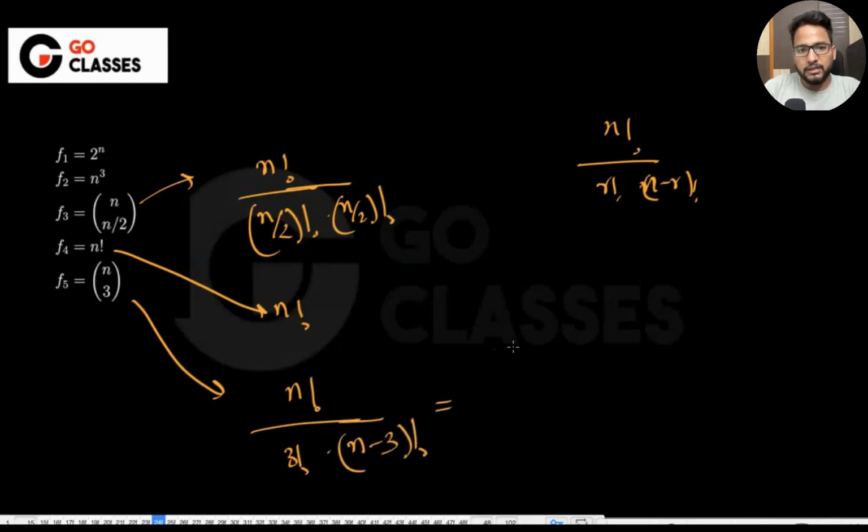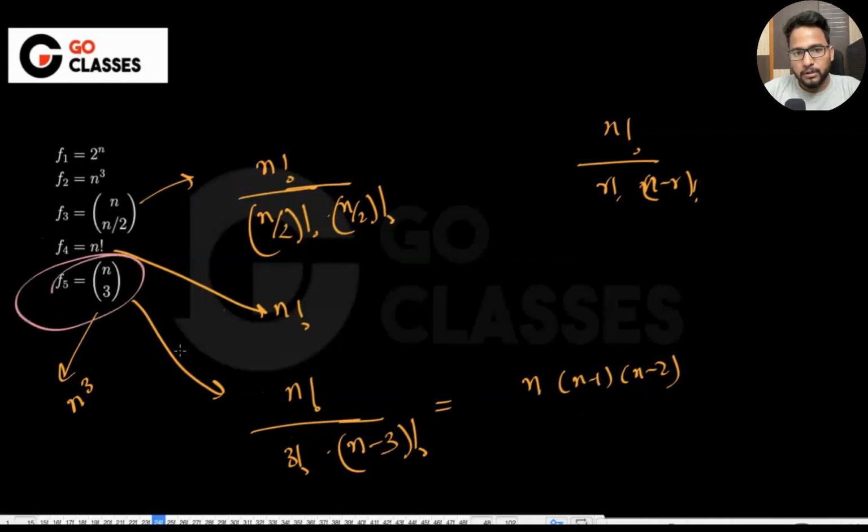Or you can just say, I think, n into n minus 1 into n minus 2. This is just n cube, right? This is just n cube. Okay, I think f2 and f5 are equal. So can I just write this as just n cube? Is this okay that f5 is n cube? Is this okay to everyone? I mean, asymptotically, right? So f2 and f5 are equal.